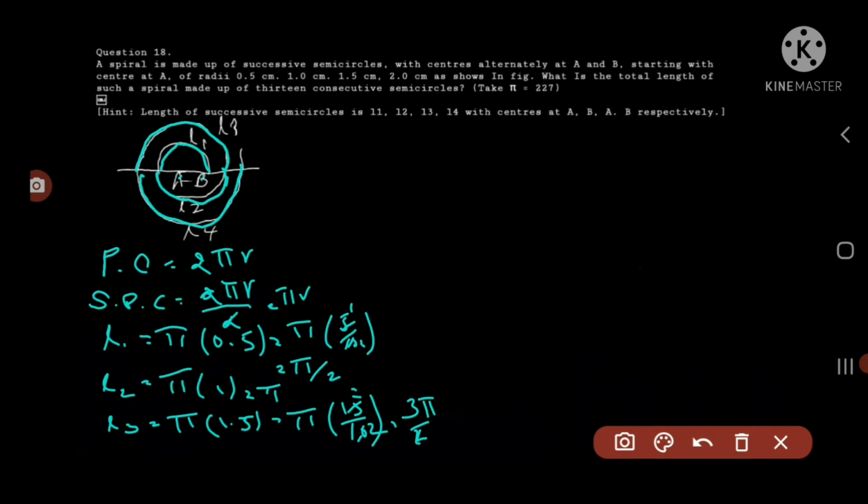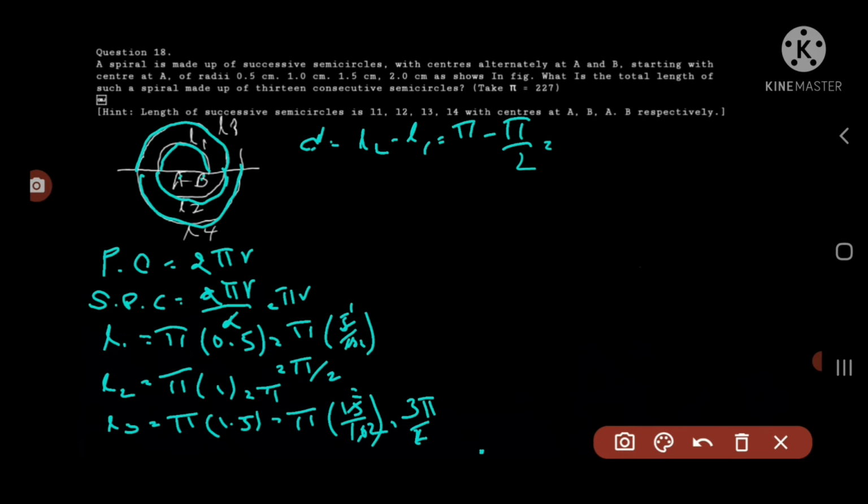Now D is equal to what here? D is equal to L2 minus L1. L2 is pi, minus L1 which is pi by 2.